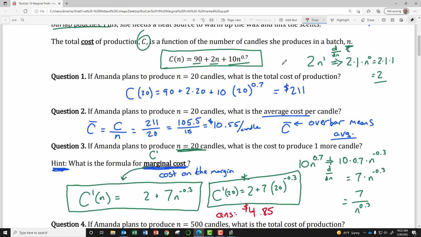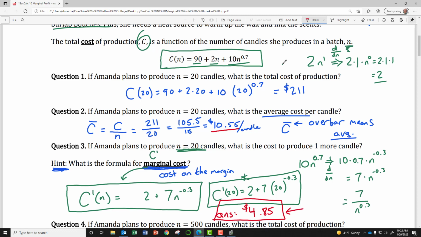So the question is kind of interesting if you think about question 2 with question 3. Producing 20 candles means that your average cost per candle would be $10.55. But if you were to produce one extra candle, the cost of producing one extra candle is actually only $4.85.